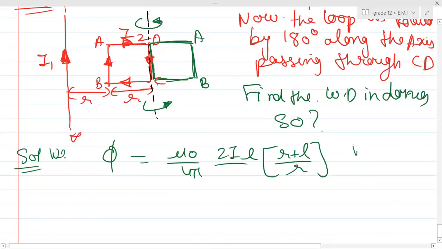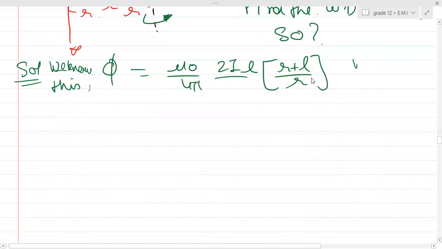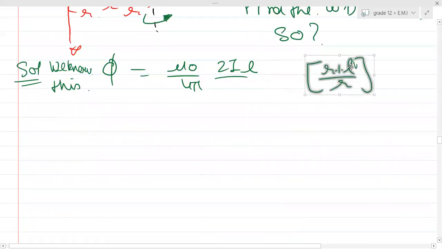Yes or no? There should be ln as well. So basically, now we know this particular thing.